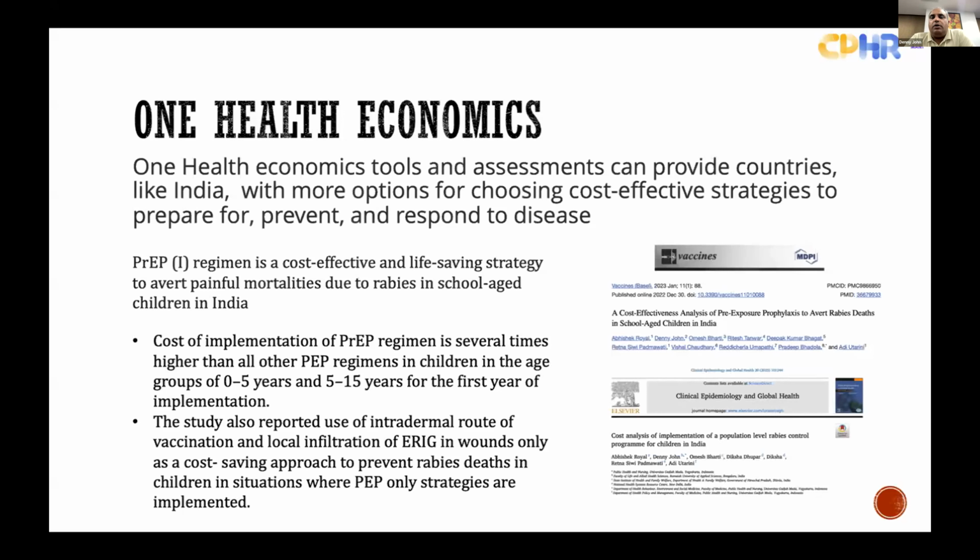And we also conducted a cost analysis of the implementation of a population-level rabies control program for children in India. And again, our study concluded that the intradermal route of vaccination and local infiltration of ERG in wounds only would be a cost-saving approach to prevent rabies deaths in children in situations where PEP-only strategies are implemented.